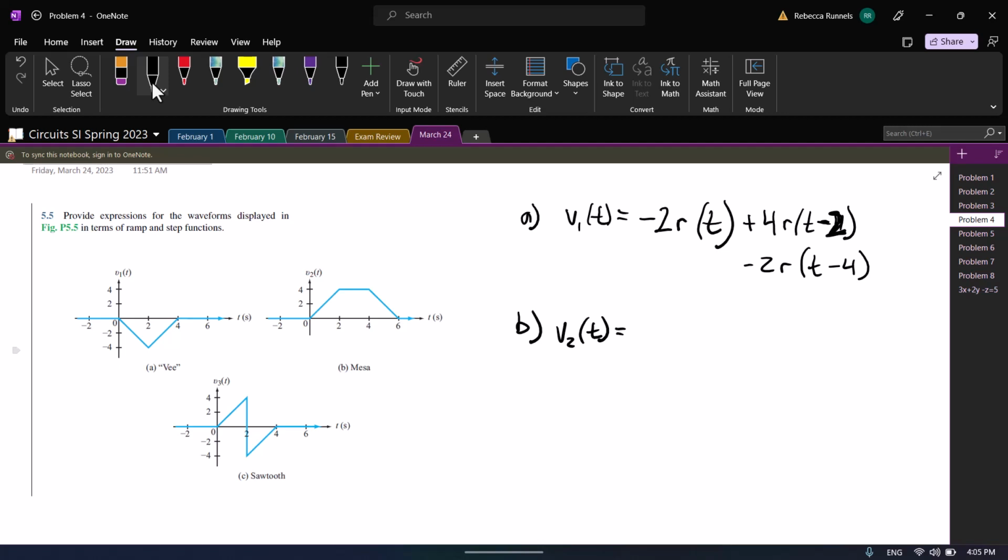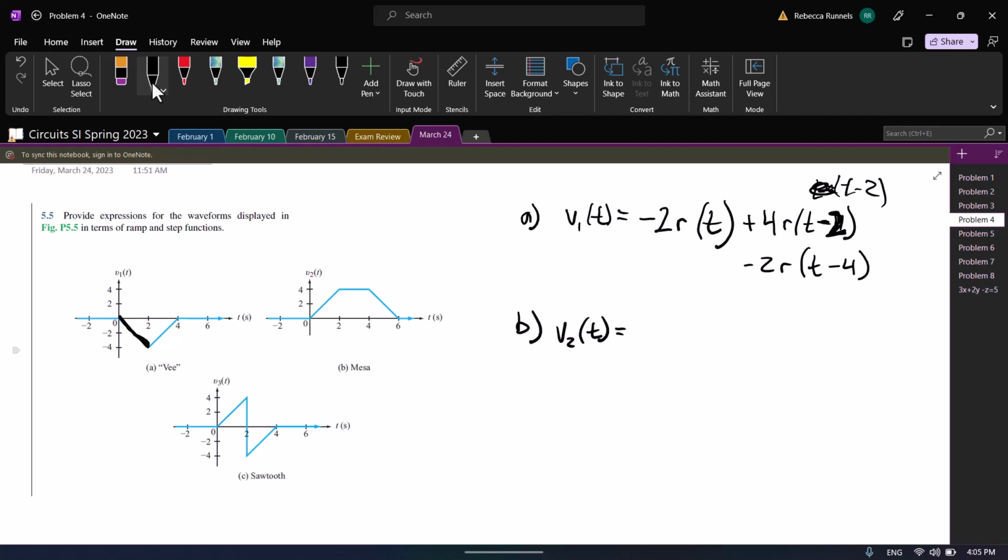So at 0, we start with a line of slope negative 2. So that's this part right here. And then something else happens at 2. So that's why I have this t minus 2 here. Oh, so that first term is like the first slope downward? Yes. That's negative 2 slope. Oh, never mind, I get it. Okay, does that make sense? Yeah, now. Thank you.